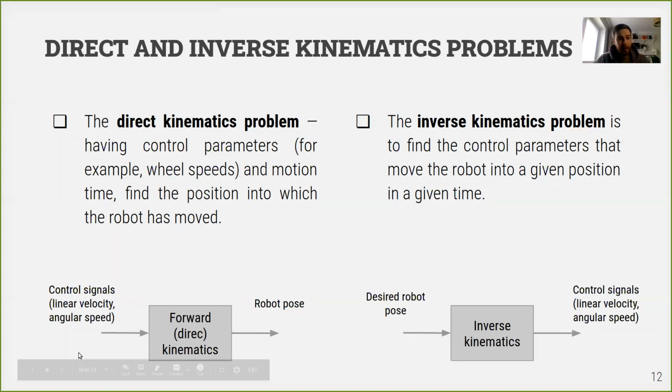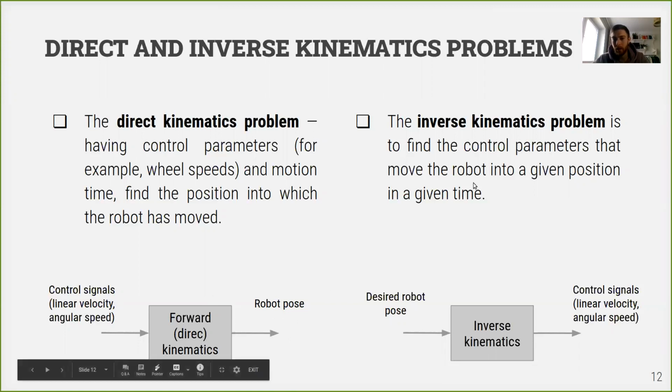So once again, as an input, we have control signals, for instance, linear velocity, angular speed, and so on. And what we want to solve when we are solving the direct kinematics problem is to find the robot pose in the future in some increment of time.